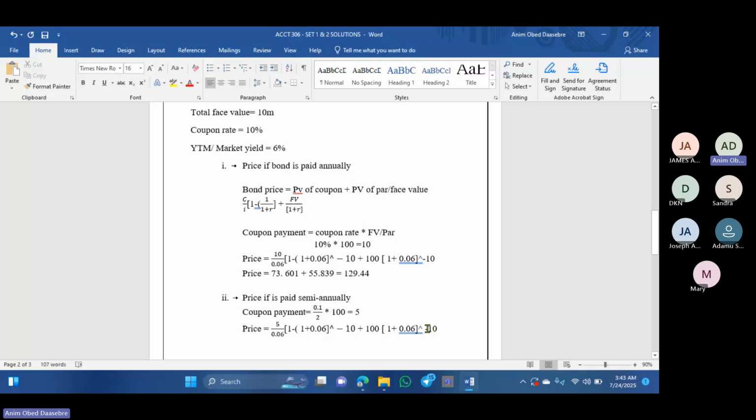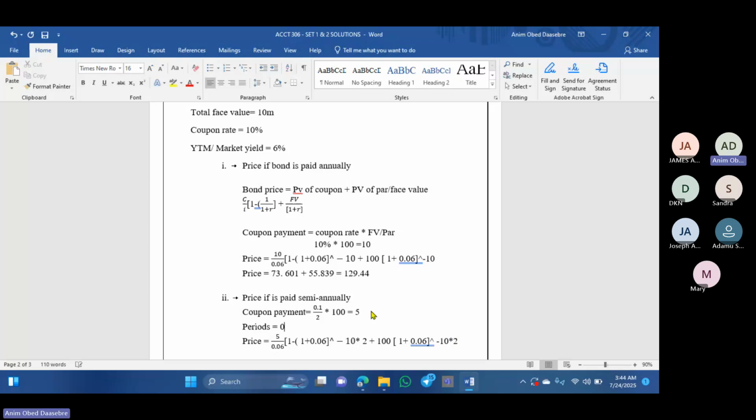Here to the years, we multiply by 2. For the semi-annual terms, this one is multiplied by 2. So those are the few adjustments that you are going to do, and then the rates. So let me do the workings here.